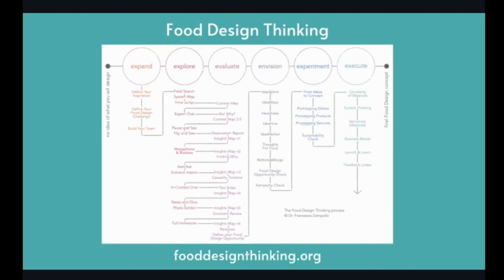It's a food specific design thinking process, and it's designed for people who are designing anything in the realm of food, so from food products to dishes to services to events, etc. And it's a whole methodology, 6 phases, and at the moment 52 methods that guide the designer through different steps to make sure that there is always cohesiveness between the message that you want to put out in the world and the language that you're using.